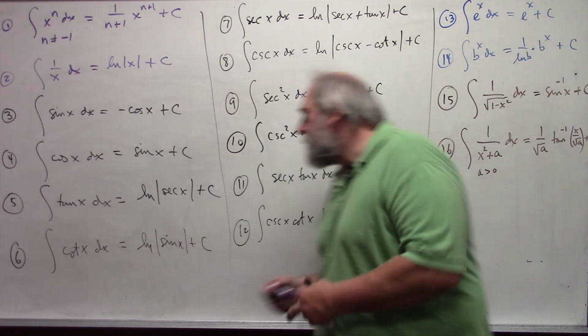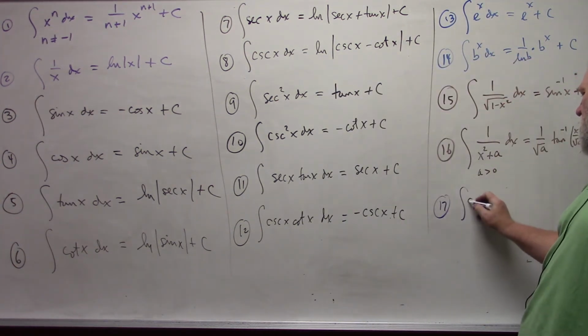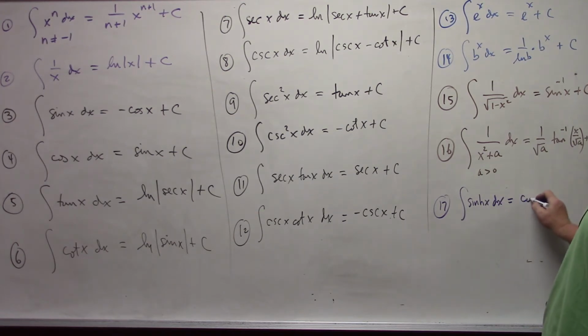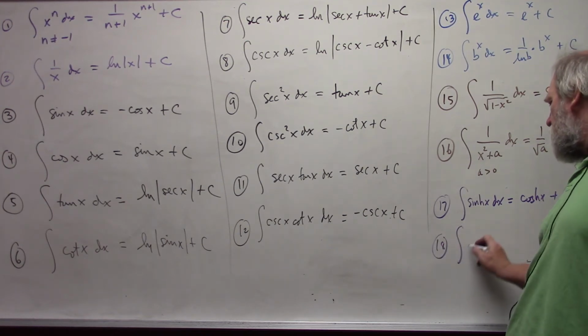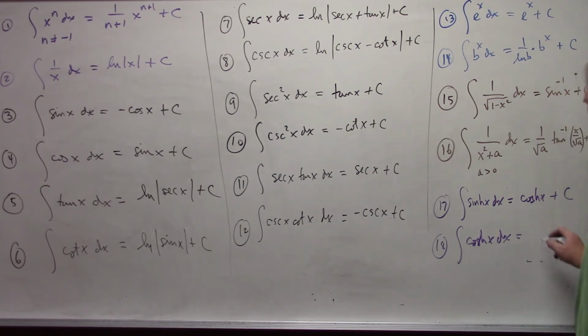We have the antiderivative of sinh of x is cosh of x plus c, and finally the antiderivative of cosh of x is sinh of x plus c. These are the ones that you really should know and be able to use. These are the basic forms at this point.